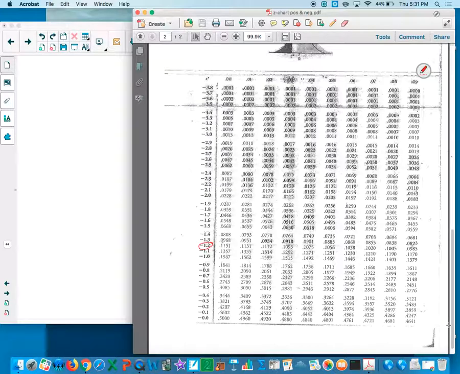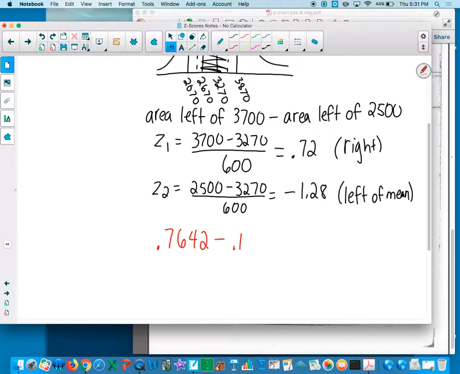And then all the way over to the 0.08. So we get 0.1003. So it's a little trickier, and we added in the negative on that section, but it's really just taking those two z-scores and subtracting the smaller from the bigger whenever you're finding the area in between.